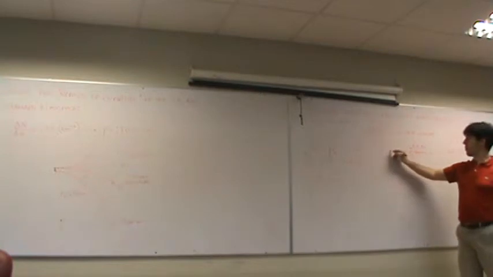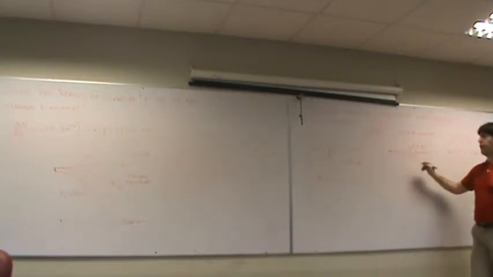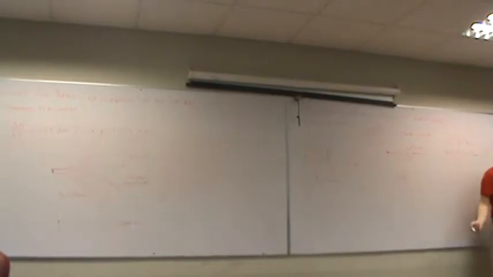Because if this is the transmitter, we're talking of distances from the transmitter of 10 kilometers, 100 kilometers, much smaller than 6,300 or 27,000. So this condition is always verified.